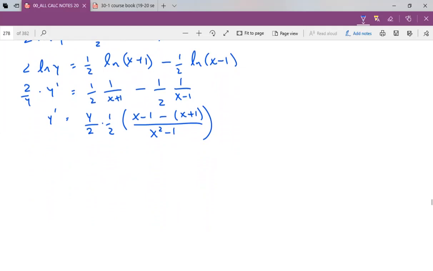And we're almost done. This is cleaning up quite nicely. y prime is equal to y times a quarter. I'm going to deal with y in just a second. In the brackets, we have x minus x, and we have minus 1 minus another 1, so minus 2 in the numerator over x squared minus 1.